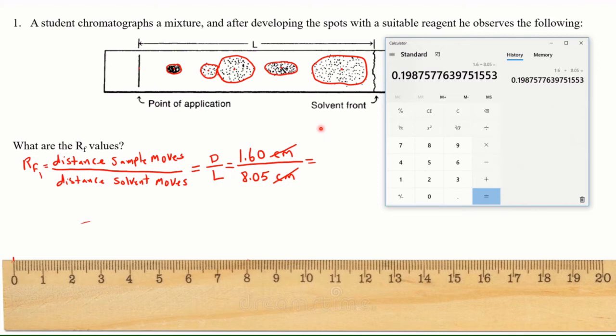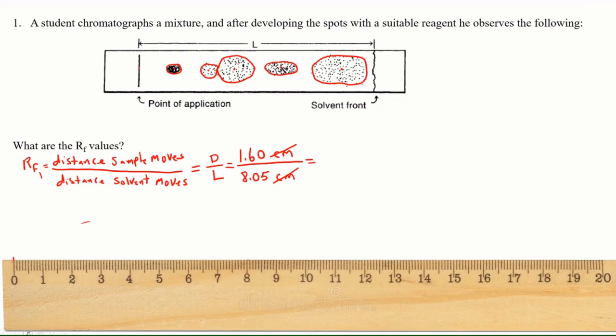And I look at the number next to it. If that number is 5 or greater, then I round up by 1. If it's less than 5, it's 4 or less, I keep the number the same. And since I have 0.1987, I have to round up to 0.199, and that will be my answer, and it does not have a unit because the centimeter units have canceled.